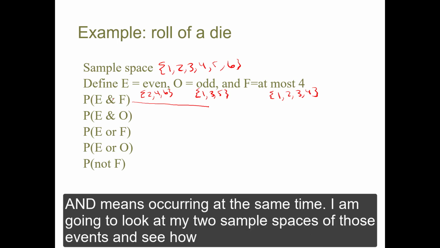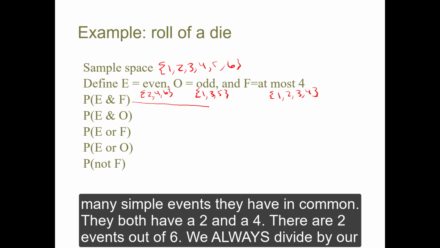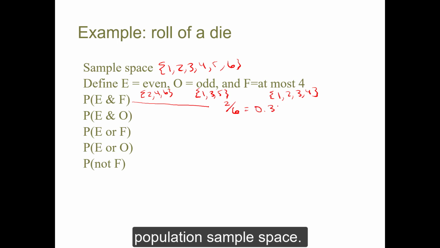So "and" means occurring at the same time. So I'm going to look at my 2 sample spaces of those events and see what they have in common. And notice they both have a 2 and a 4. So there's 2 events out of 6. We always divide by our sample space. And the probability is 0.3333 of getting an even number and a number that's at most 4 at the same time.